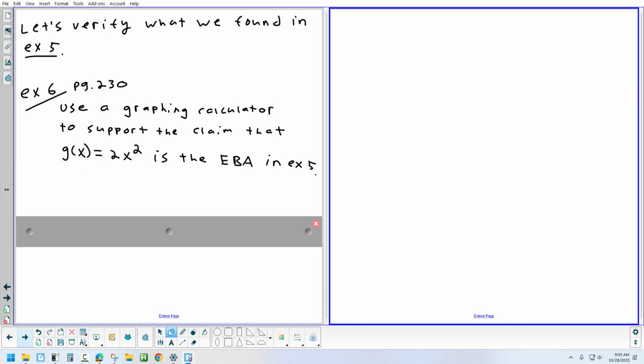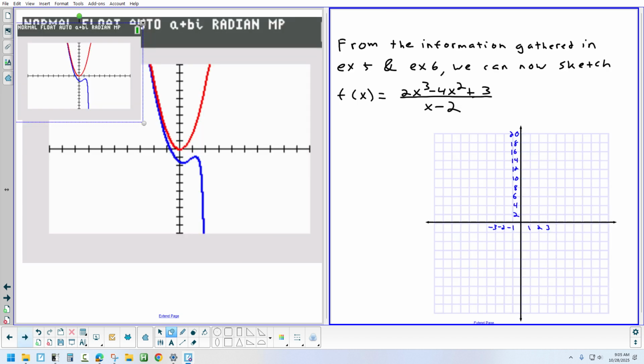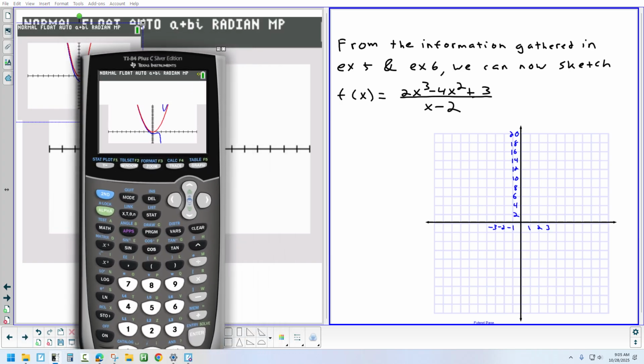All right, so we did example 6. Just verify that 2x squared looks like the EBA. And now let's try to sketch it. Okay, I went by 2s on the y-axis. I really probably even need to go by like 4s because this graph goes off the screen and it's up pretty high.